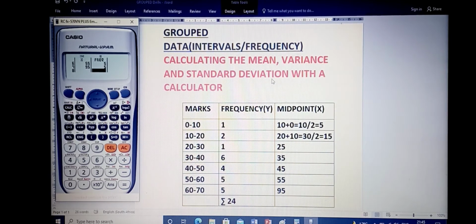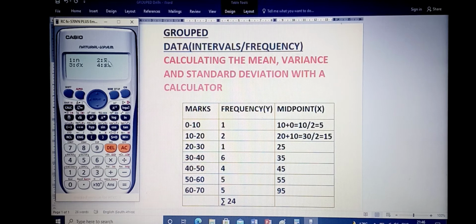Now I need to go and find the variance, your mean first, and then our standard deviation. So I'm going to press AC, okay, again, no stress. Just remember it's in the memory, so I'm going to press shift, okay, and press 1, okay, and I am going to go to number 4, right, to find the mean.